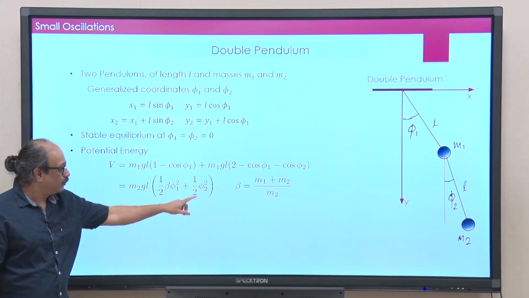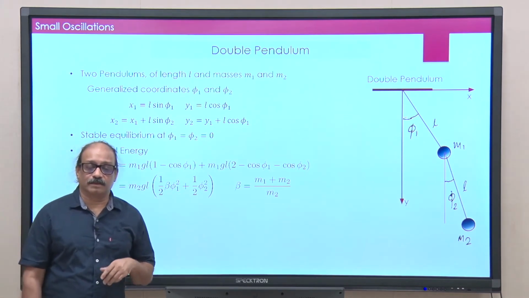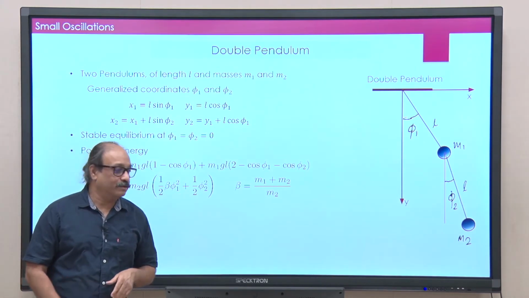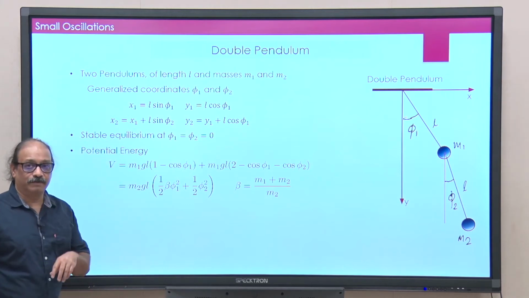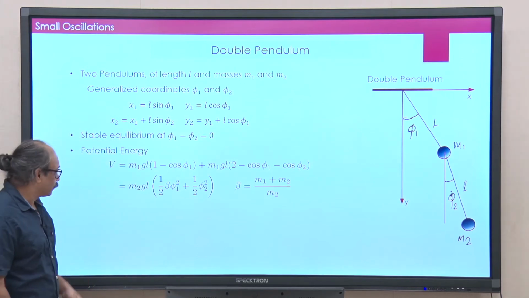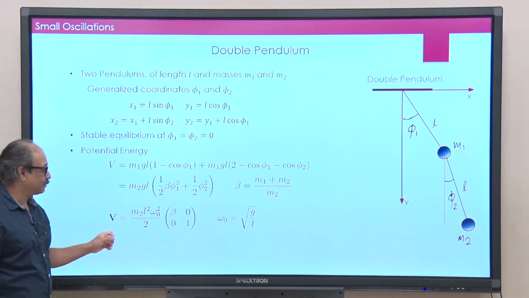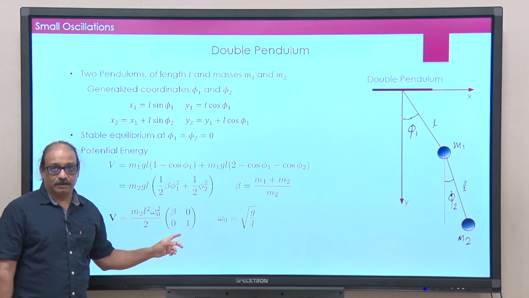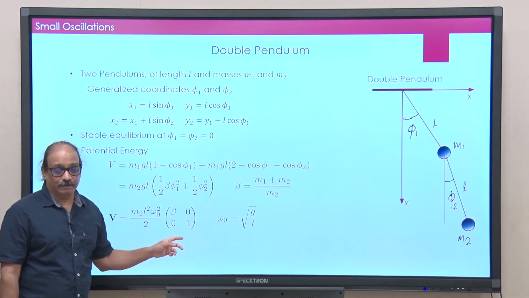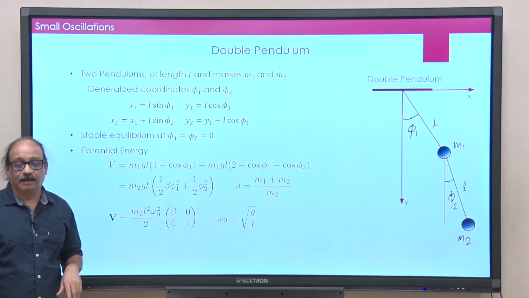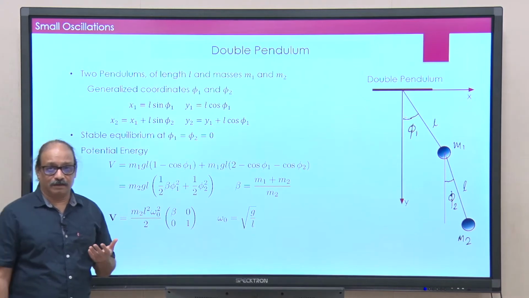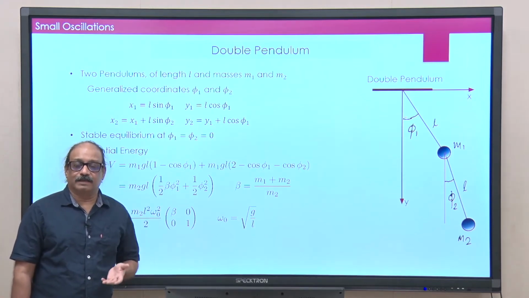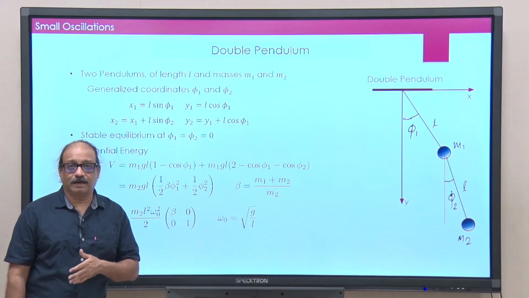And now, if you look at this one, there are no cross terms in this. If there are no cross terms in this, what happens to V 1 2 and V 2 1? They are 0. So, here is one case where the potential energy matrix is already diagonal, but T matrix is not. When we looked at those coupled earlier examples, the T matrix was diagonal and V matrix was not.